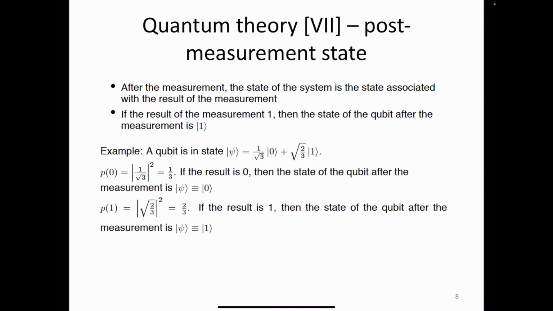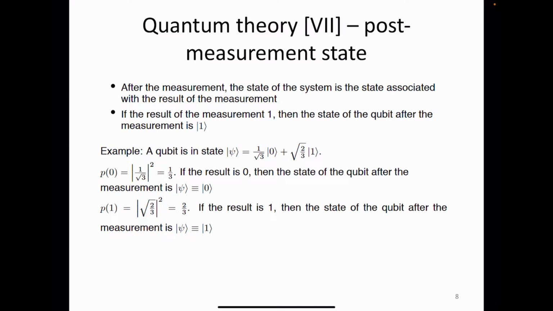After the measurement, the state of the system is the state associated with the result of the measurement. If the result of the measurement is 1, then the state of the qubit after the measurement is 1. An example state, as we have here, which is not an equally weighted superposition: we have 1 over the square root of 3 for the state 0, and we have the square root of 2/3 associated with the state 1.